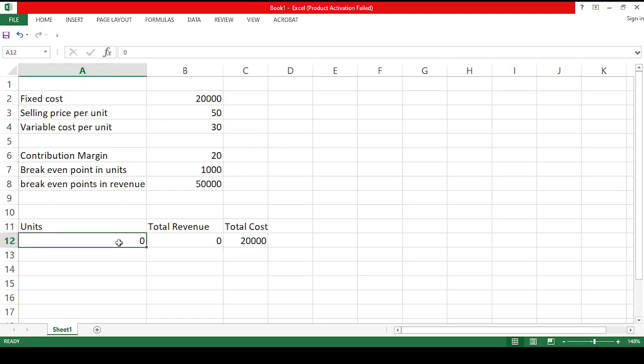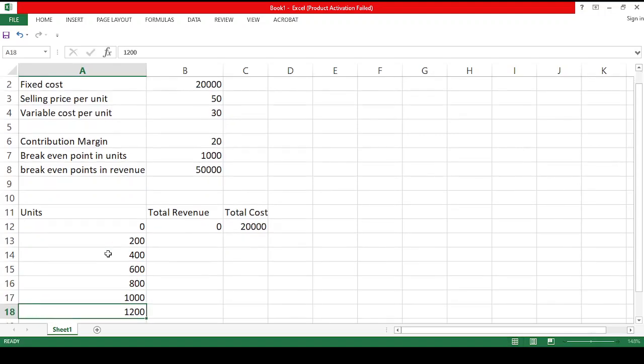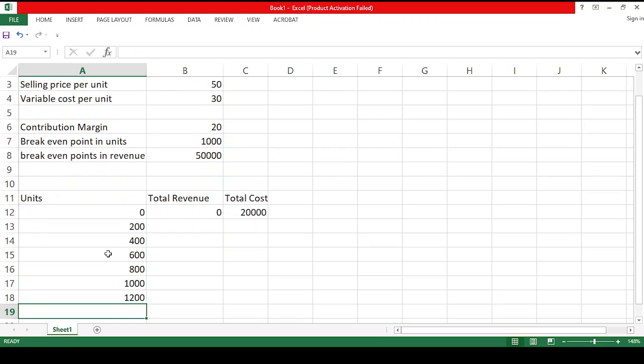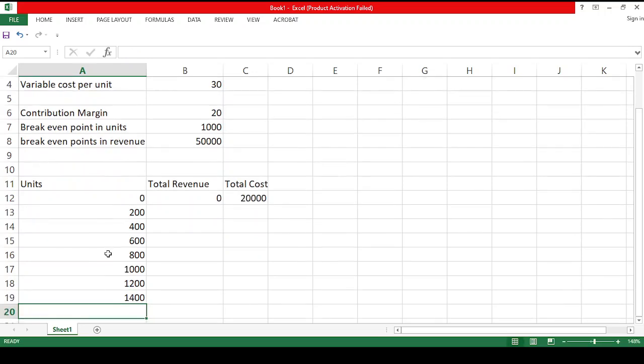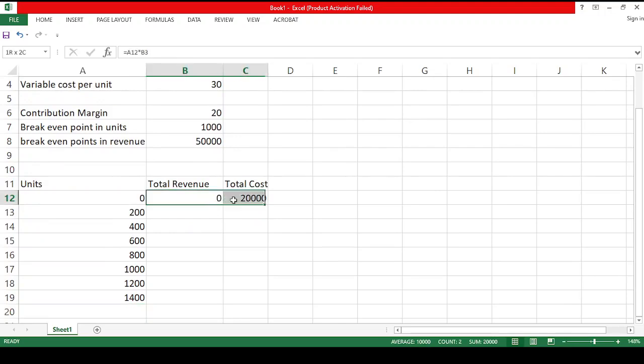So let's put some data here. Let's say number of units 200, 400, 600, 800, 1,000, 1,200, 1,400. Okay, so the formula we put here should work for all of this also.